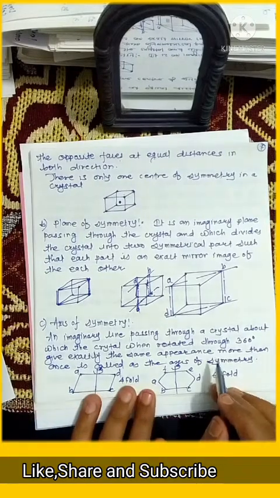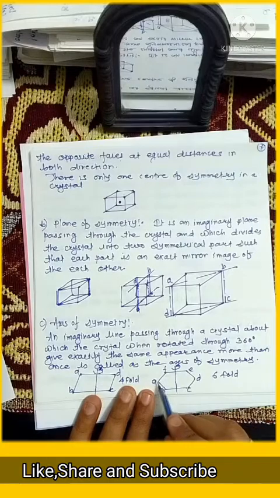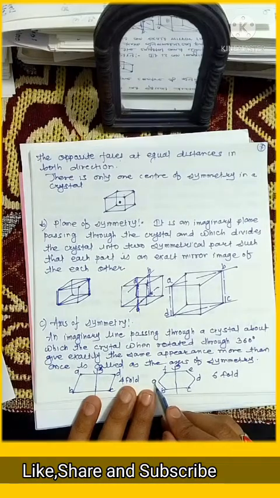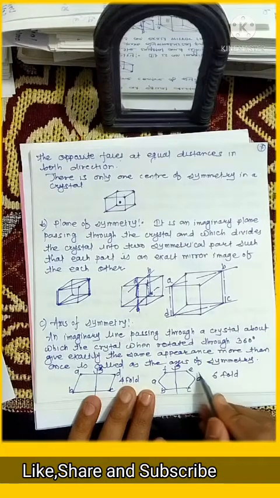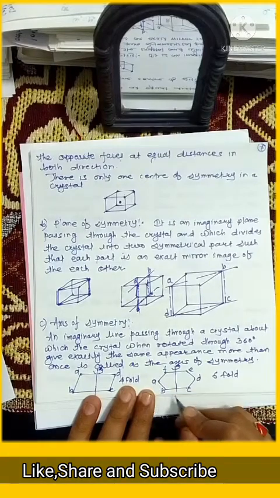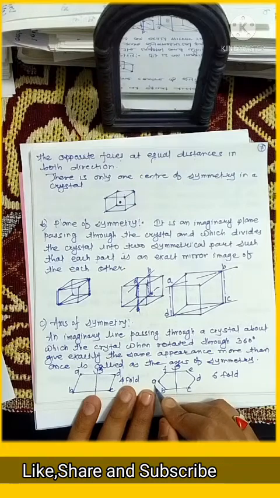Now just see, in this hexagonal structure, points A, B, C, D, E, F, if we rotate, how many rotations are required for A to come again to its original position?